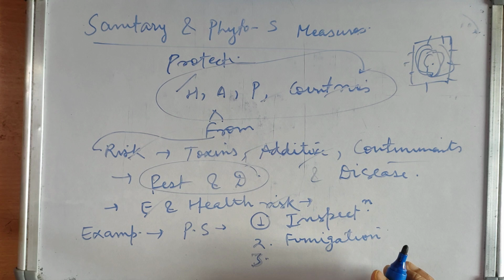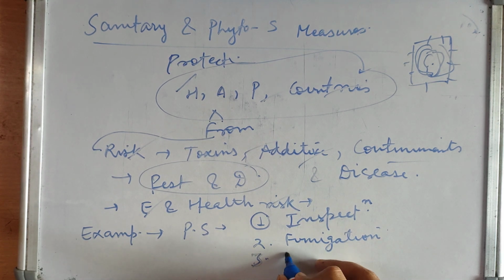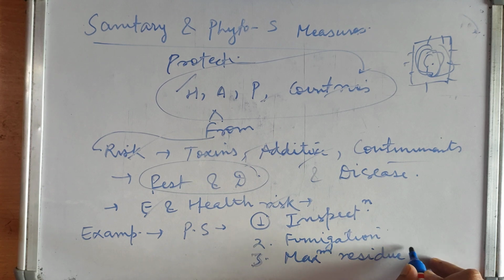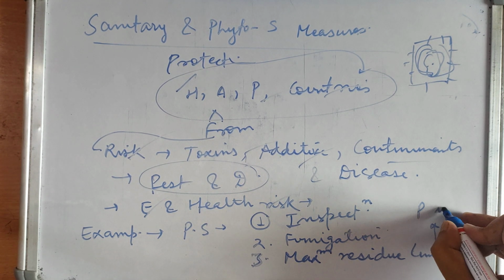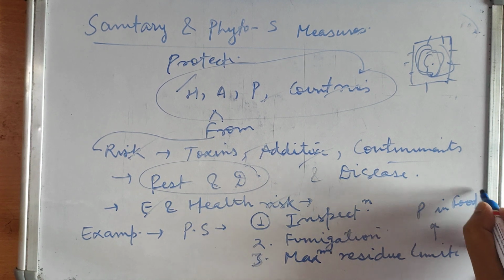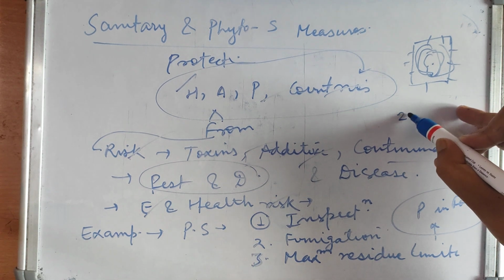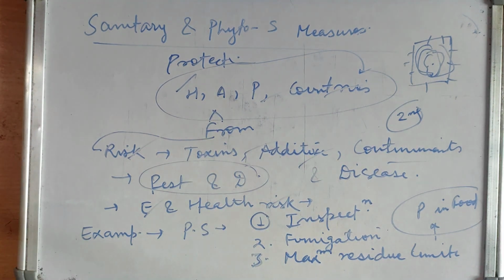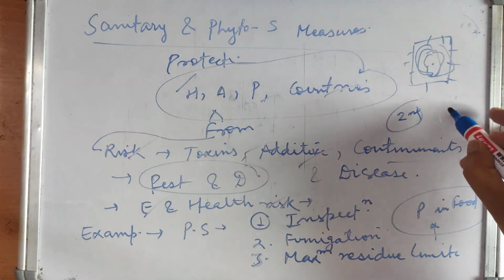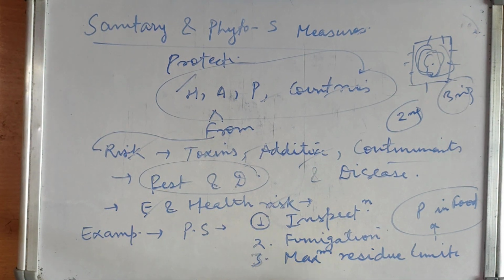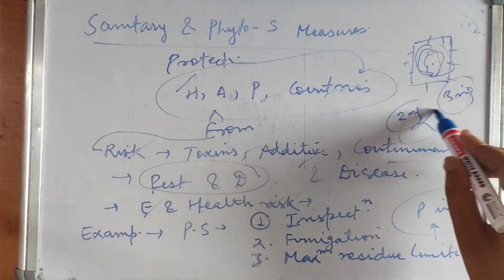Third, maximum residue limit for pesticides is enforced. We determine a maximum residue limit for pesticides in food, because these can harm our health. Suppose the maximum residue limit is 2 milligram, as an example, and in testing the pesticide residue is 3 milligram, then we will not import that crop.